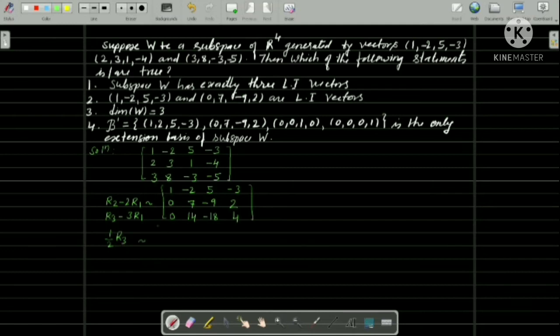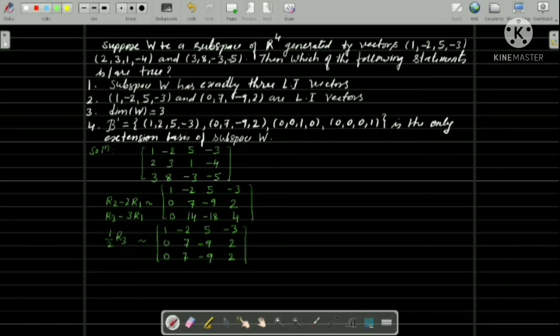Just write down the matrix. We write first two rows as it is, 1, -2, 5, -3 and 0, 7, -9, 2. In the third row we divide by 2, so this becomes 0, 14 divided by 2 that is 7, then -9 and 2. Now we see these two rows, R2 and R3, are the same.